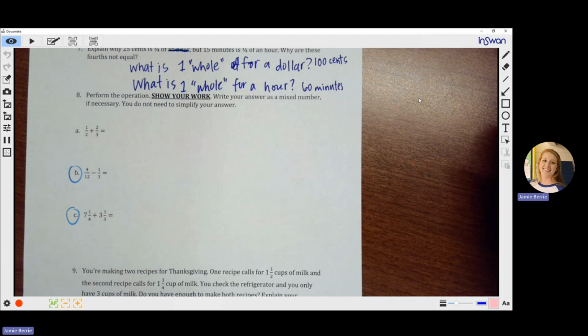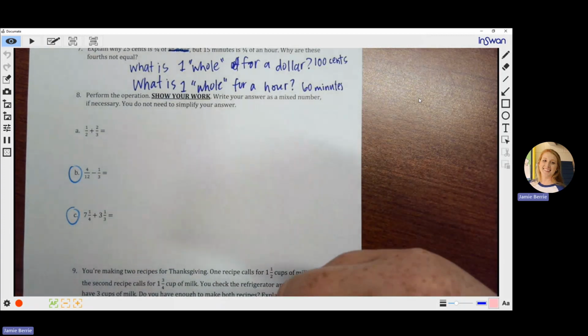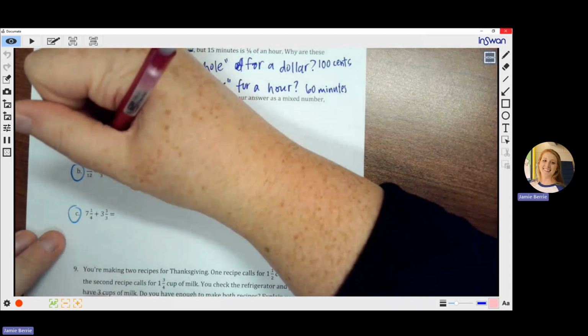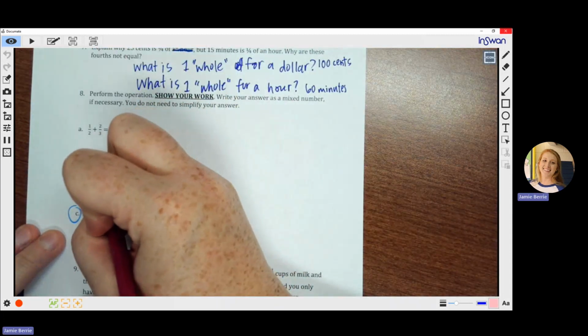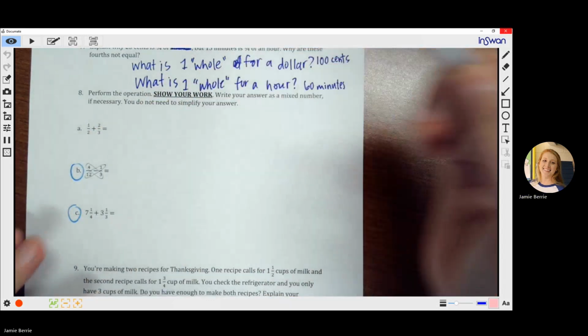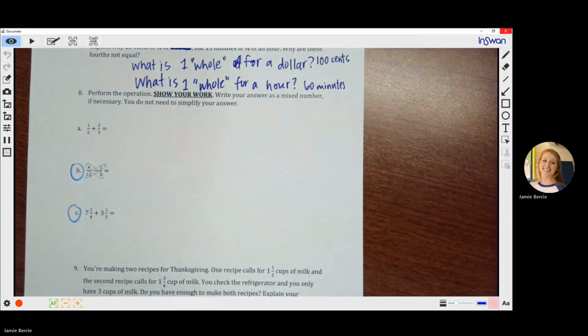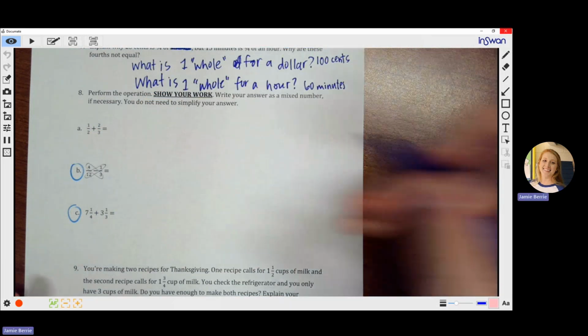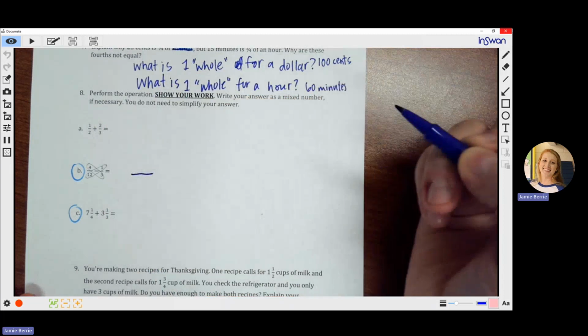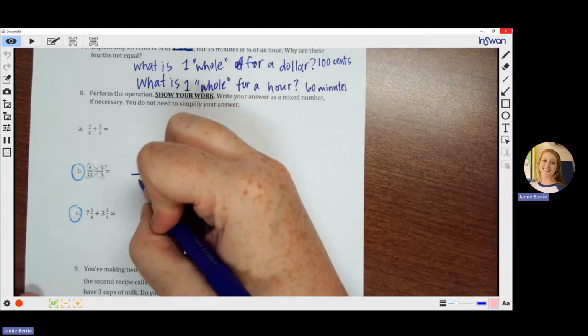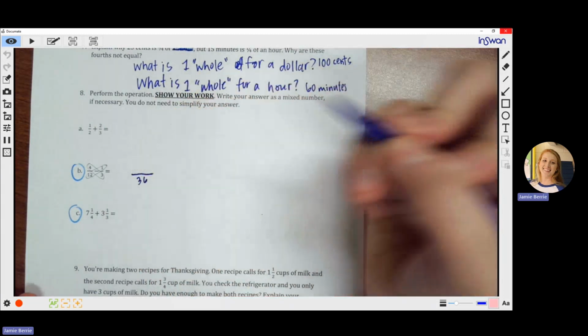If y'all remember the little butterfly trick that I taught y'all, remember how they said to do this? They said multiply those. Is that right? Yeah, I'm pretty sure that's right. The way we did this is we multiplied the denominators together to get our denominator. So 12 times 3 is 36.